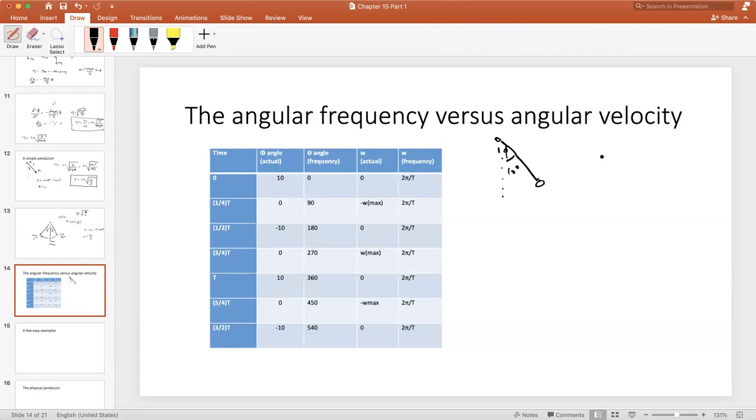However, if we look at the actual angle, we can go 10 degrees and minus 10 degrees and 0.